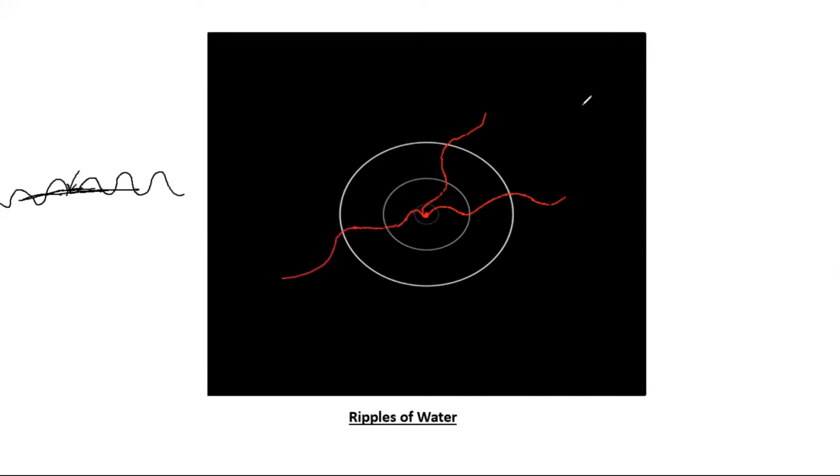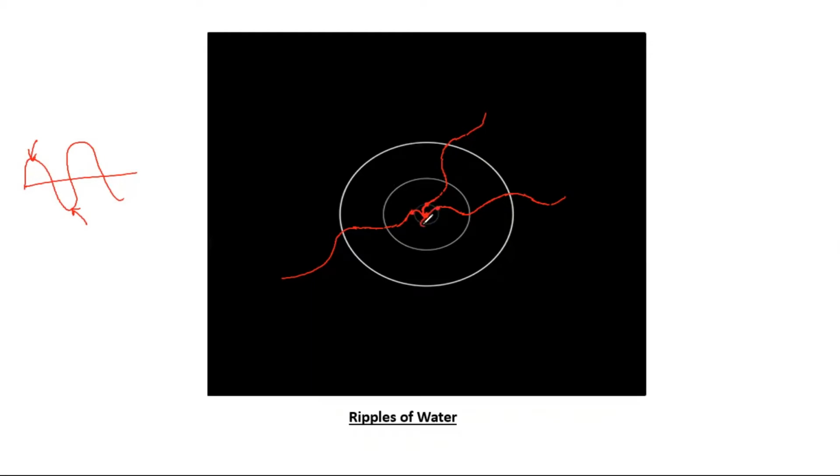Remember one thing: when we talk about a wave, a wave looks something like this, where this is the crest, our maximum displacement, and this is the trough, our minimum displacement. If you observe this diagram, this point is our maximum displacement.